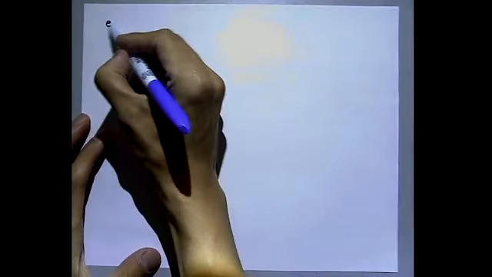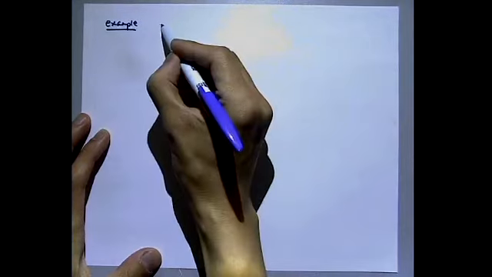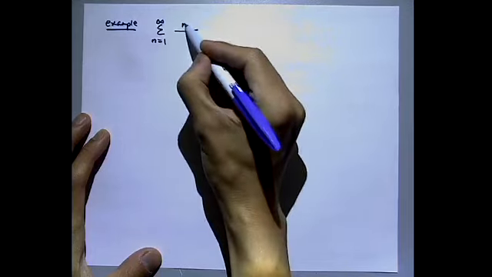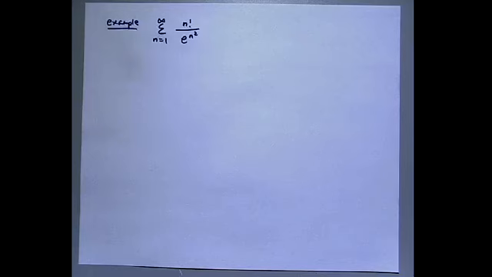Okay, let's do one more. N factorial over e to the n squared. Ratio, yeah, why?